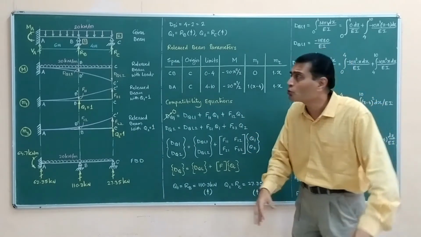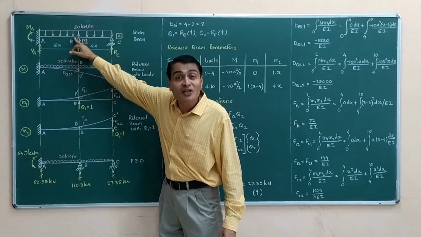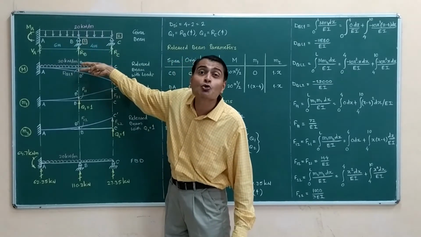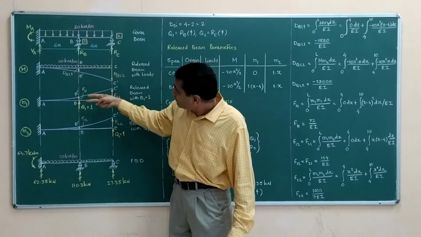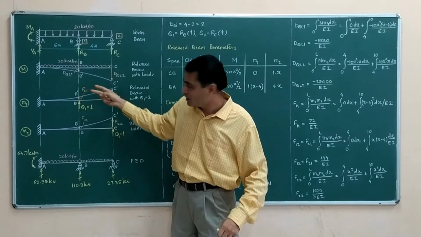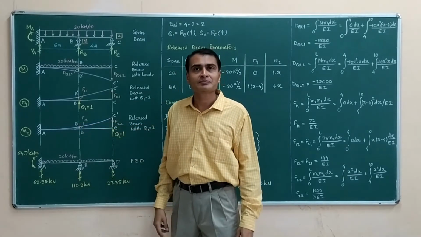I am simply trying to say that the deflection at B in original beam should be equal to this deflection dqL1 plus this deflection F11 into RB plus this deflection F12 into RC.